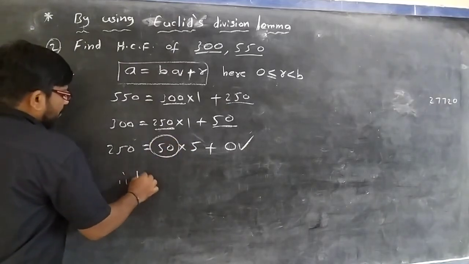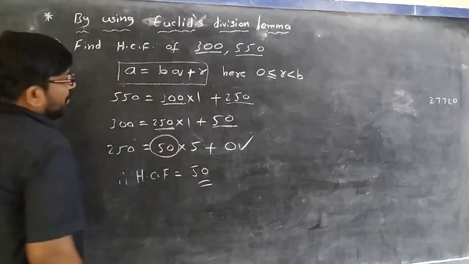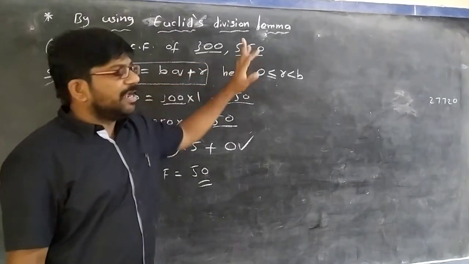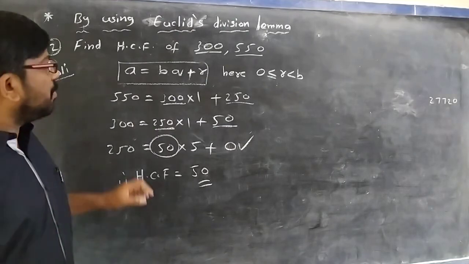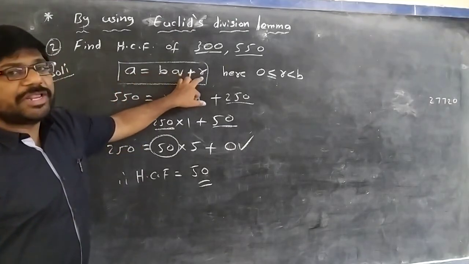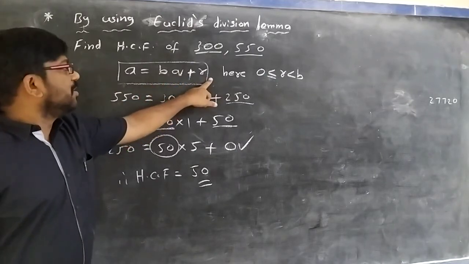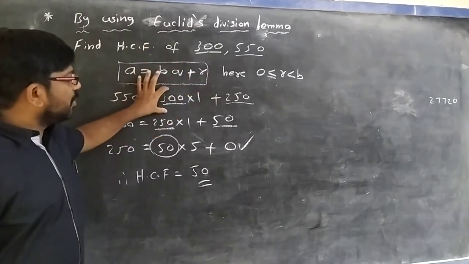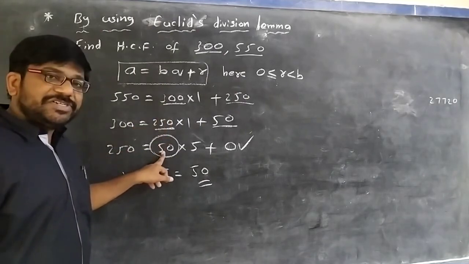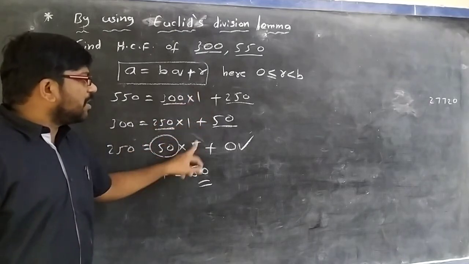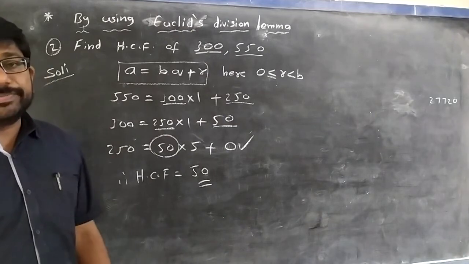So therefore HCF is equal to 50. 50 is the HCF of 300 and 550, right? So we must remember A is equal to BQ plus R, in which A is the dividend, B is the divisor, Q is the quotient, plus the remainder. By using this equation, we can find the HCF, right? So these steps continue up to getting remainder 0.